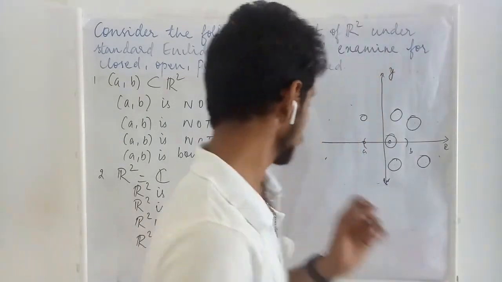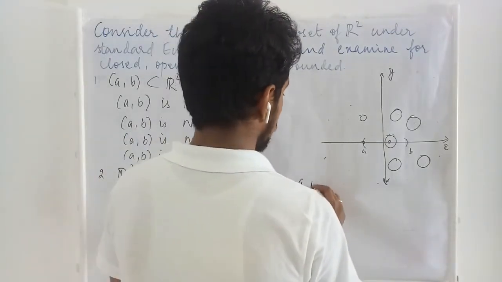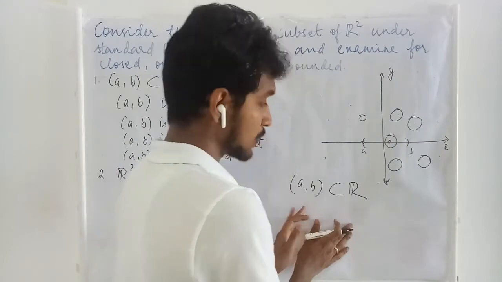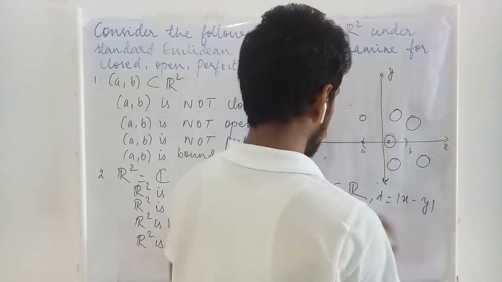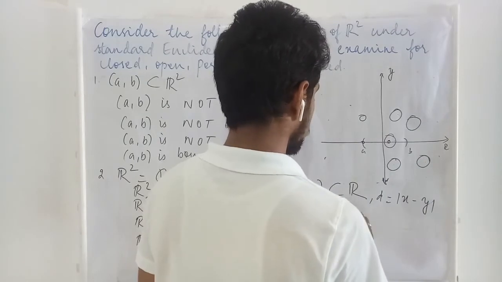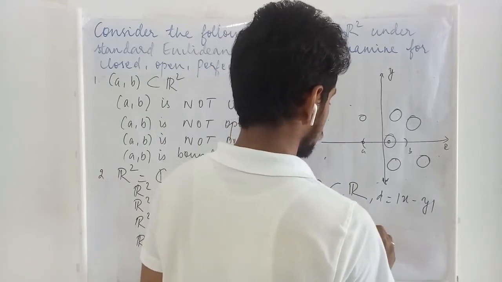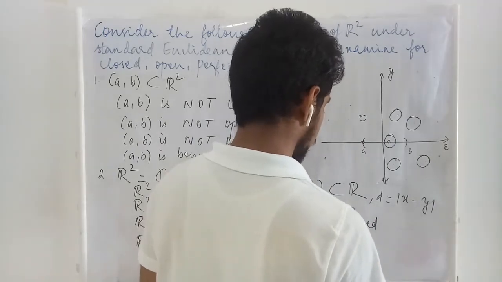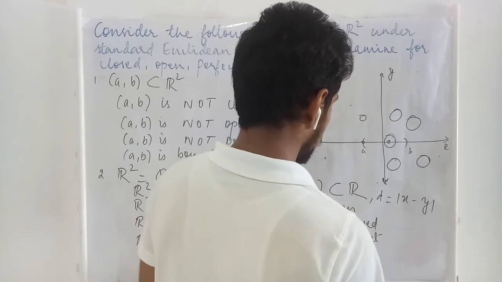When you consider the segment a comma b as a subset of R, with the standard Euclidean metric, this is open. Here also it is not closed, not perfect, and bounded.